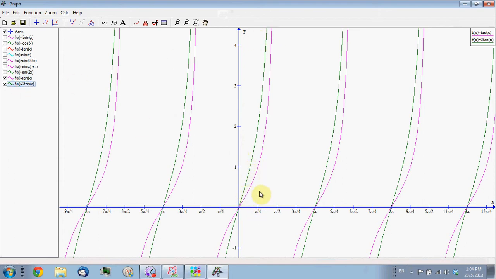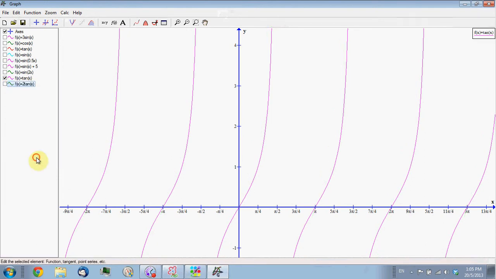So for example, at pi over 4, you have 1 in the original, correct? But now in 2 tangent x, you get 2. So the value is 2 times more. It doesn't look as nice, but it's still the same. It's multiplied by 2. At pi over 2, because it's infinity, infinity times 2 is still infinity. So it's the same.